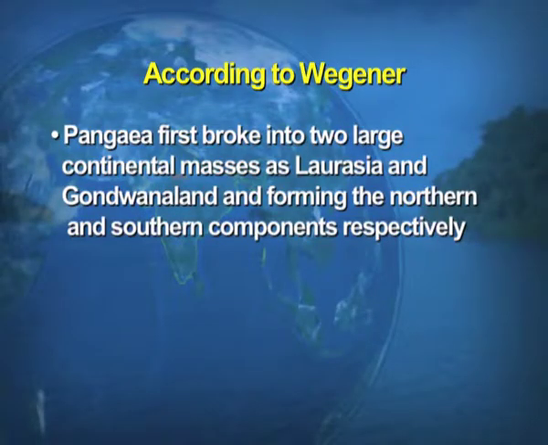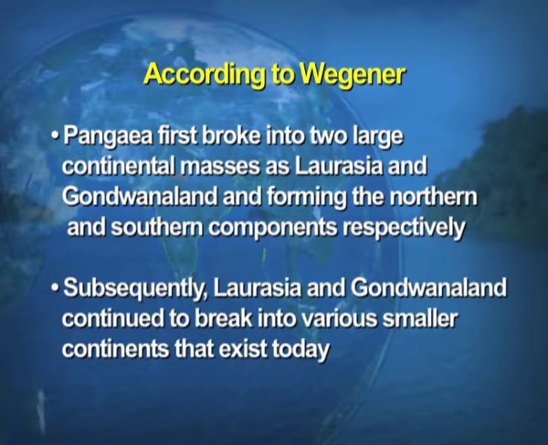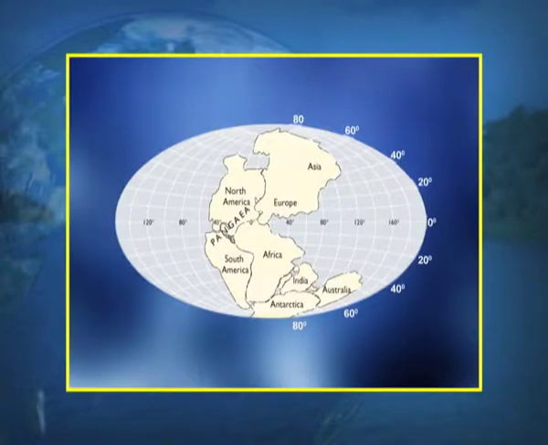This first broke into two large continental masses, Laurasia and Gondwana land, Laurasia forming the northern part and Gondwana land forming the southern components respectively. Subsequently, Laurasia and Gondwana land continued to break into various smaller continents that exist today. You can have a look at this map to see how Pangaea began to break.